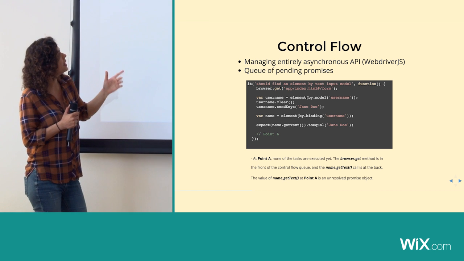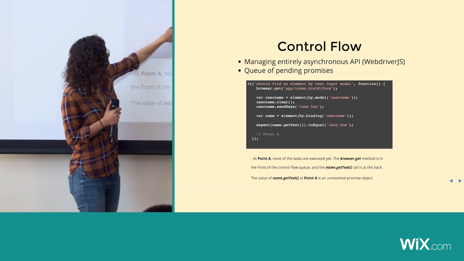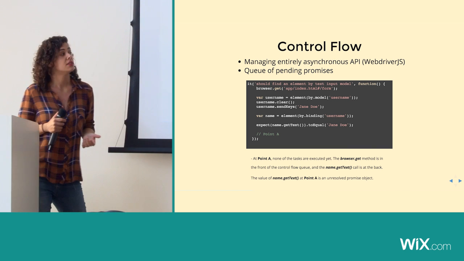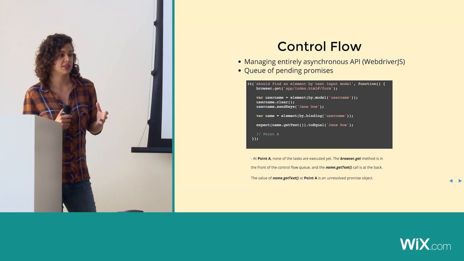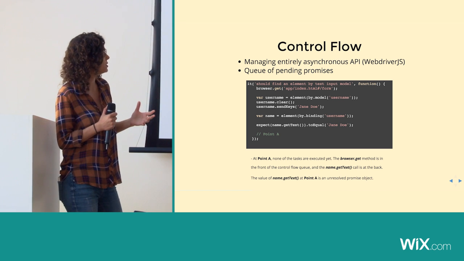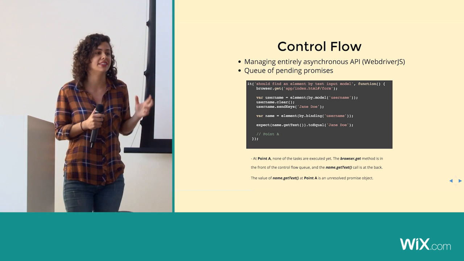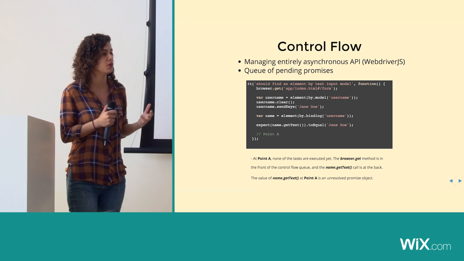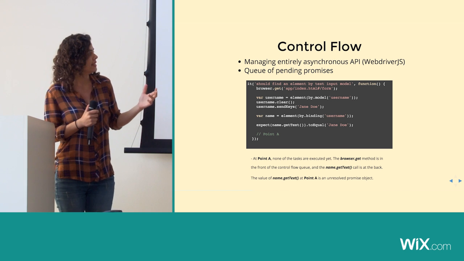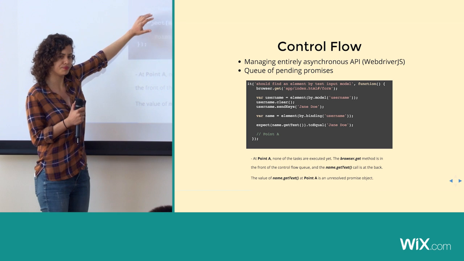We can see that the get didn't execute yet, and the expect name getText wasn't executed. What the control flow does is create a queue with the promises, and each is executed at the time the previous action was resolved. So basically, we don't know exactly when the actions are executed, but it assures us that each action will happen after the last one was resolved.